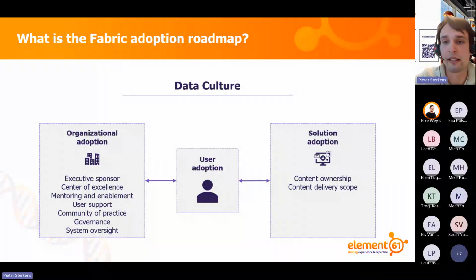But basically, it consists of 9 key areas with tips, tricks, guidelines, questions to ask yourself, and considerations to take to increase adoption. And the 9 areas are executive sponsorship, center of excellence, mentoring and enablement, user support, community of practice, governance, system oversight, and then on the right, content ownership and content delivery scope.